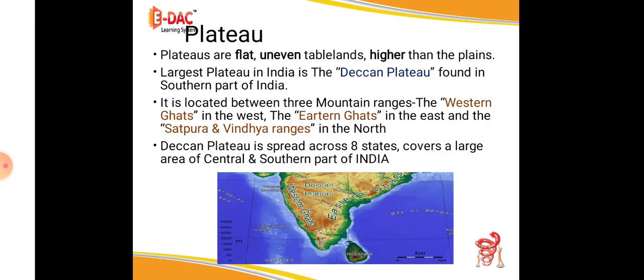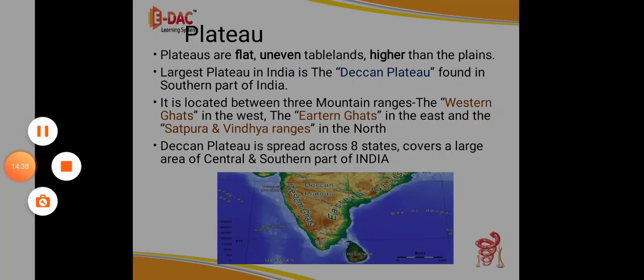It is located between three mountain ranges: the Western Ghats in the west, the Eastern Ghats in the east, and the Satpura and Vindhya ranges in the north, as you can see in the map below. Deccan Plateau is spread across 8 states and covers a large area of central and southern part of India.